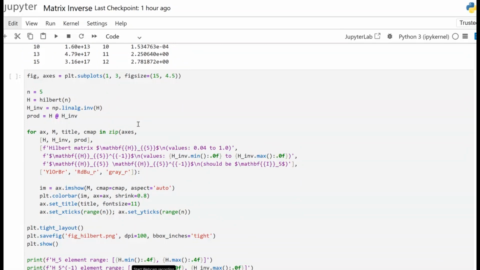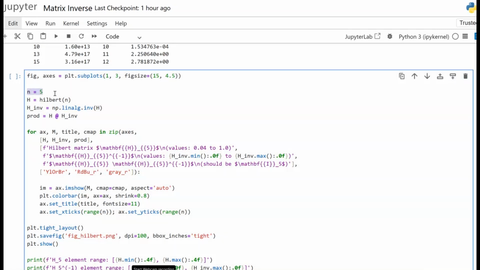Let me see whether small, well-behaved inputs lead to extremely large inverse entries. Here n is equal to 5, and H is Hilbert of n, a 5 by 5 Hilbert matrix. H inverse is the numerical inverse, and the product should be approximately the identity.